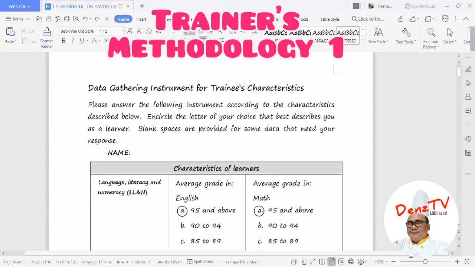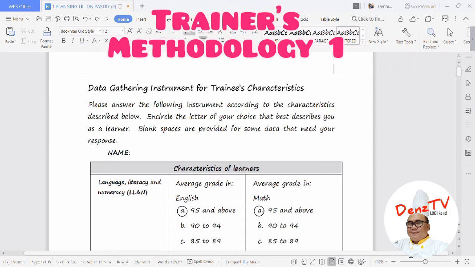So for today, I'm going to share with you how to develop a data gathering instrument for trainees' characteristics. I believe that this particular instrument is the first task that you are going to do in Trainer's Methodology Level 1.